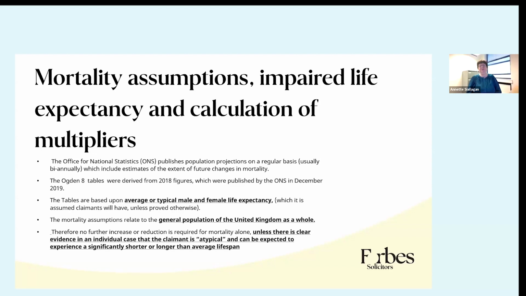But I suppose if you've got specific medical evidence on someone's life expectancy, then you can use that to ask the court to apply a different rate. But generally, the courts will use the Ogden tables, and they're based on average mortality rates.